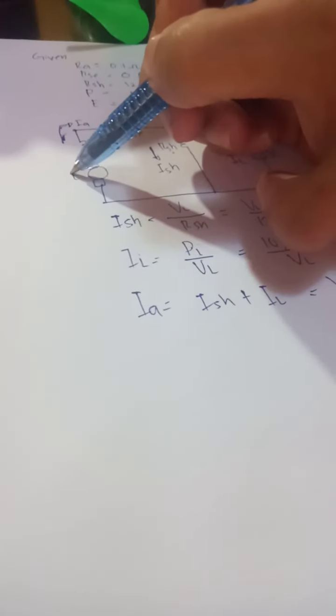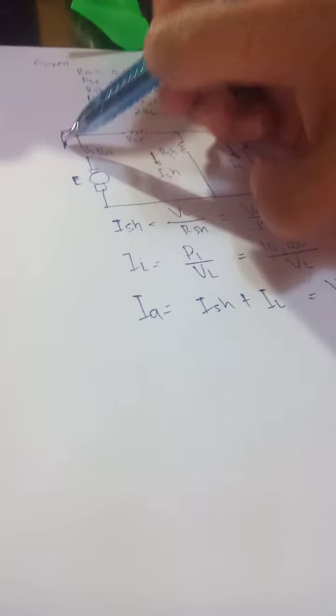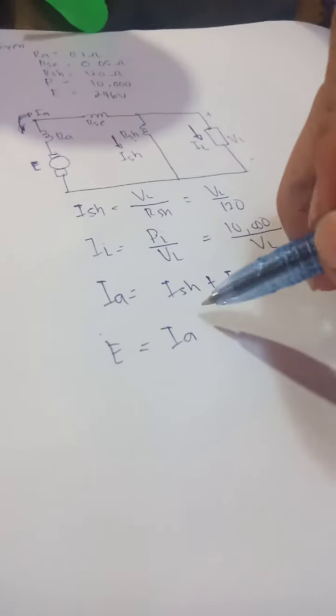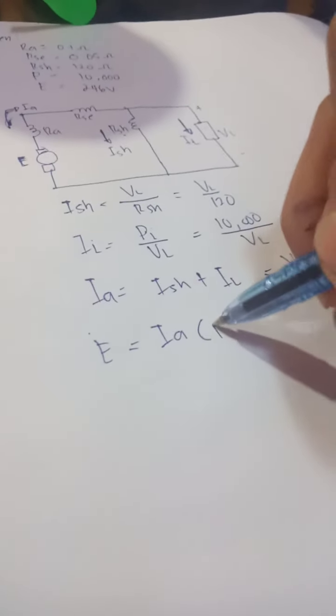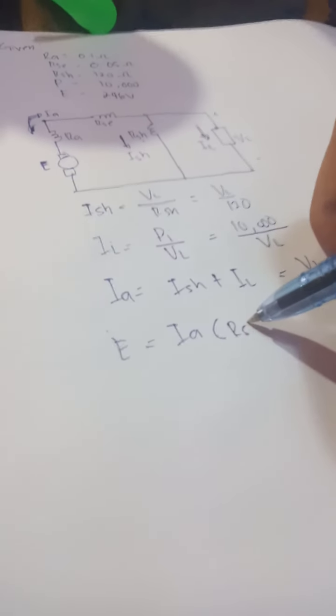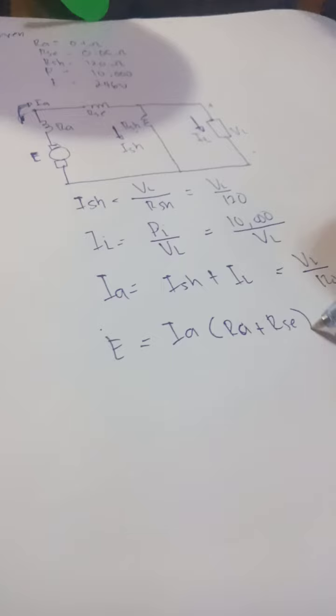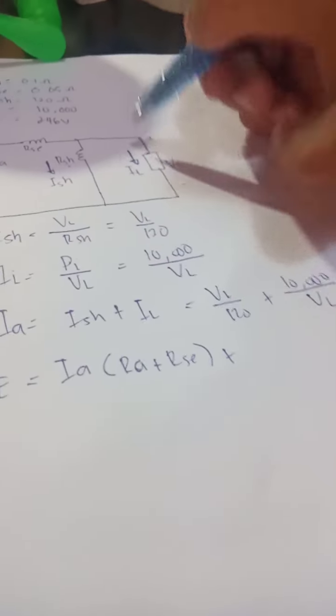Now we get the voltage here. E is equal to IA times its resistances, which is RA plus RSE, plus the voltage here.